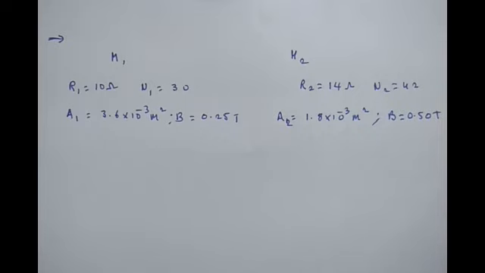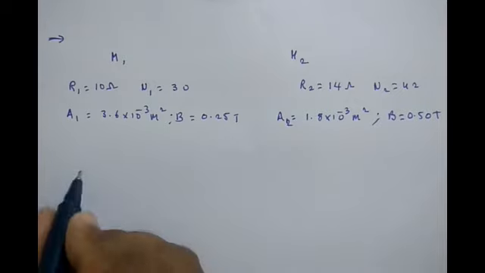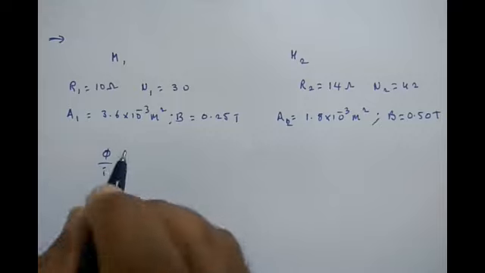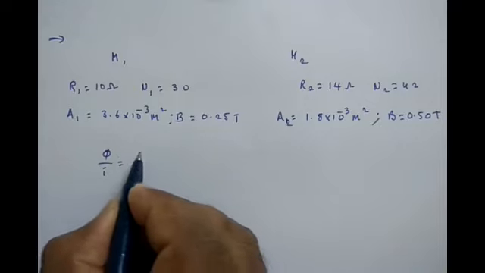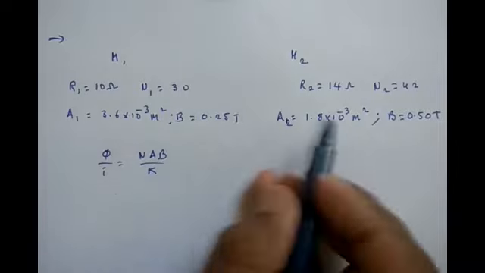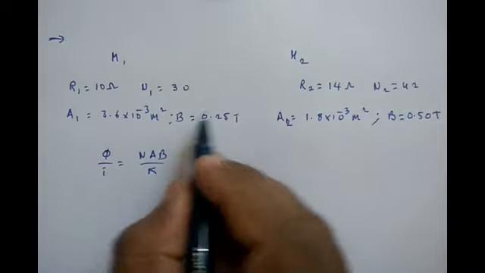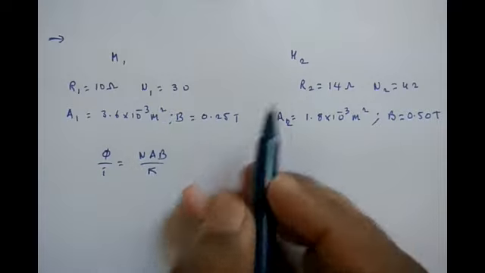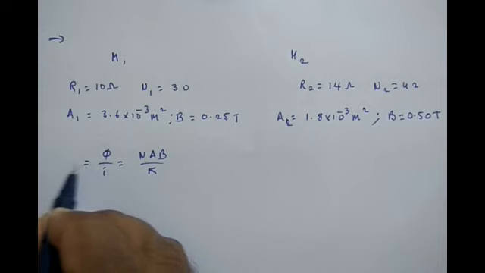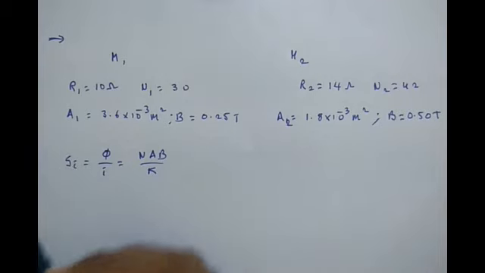So we know by definition the current sensitivity of the galvanometer is phi by I, that is NAB by K. K is common for both moving coil galvanometers, and this is the sensitivity, that you can write down as SI.